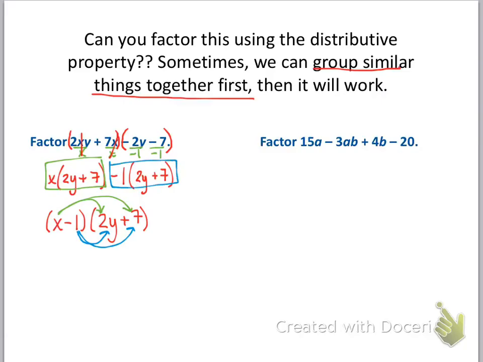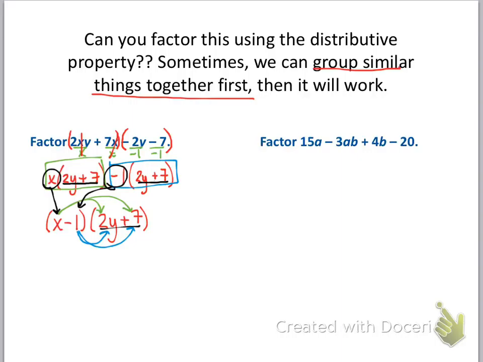So to write my final answer, the most important thing is that the numbers inside the parentheses are exactly the same. Once you get those numbers inside the parentheses exactly the same, you're going to smash together the factors into the first set of parentheses, and then the numbers that are inside the parentheses go here.